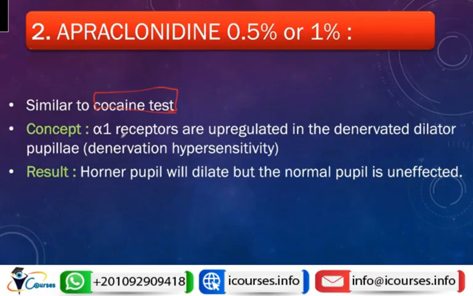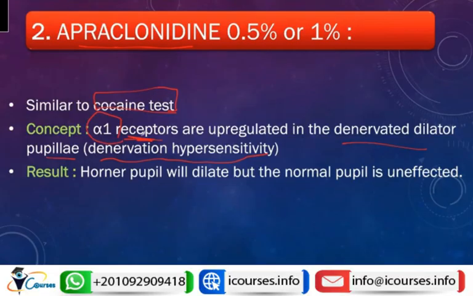In case of Horner syndrome, there are alpha 1 receptors. These alpha 1 receptors are upregulated in the denervated dilator pupillary muscle, causing denervation hypersensitivity. Apraclonidine is a weak alpha 1 agonist, and at this concentration it will not cause much effect in the normal eye.